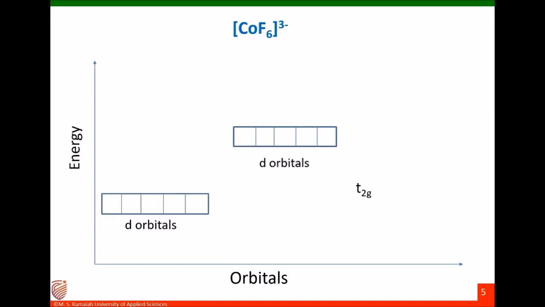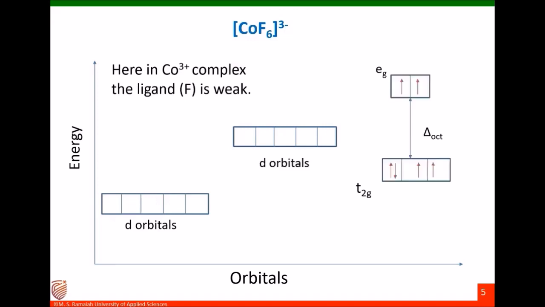In the case of CoF6 3 minus, here also the cobalt oxidation state is 3 plus and it is in d6 configuration, and when the ligand approaches they will be split into two sets of orbitals, t2g and eg. Now you can see the incoming ligand is a fluoride group. So fluoride compared to ammonia, that is weak.